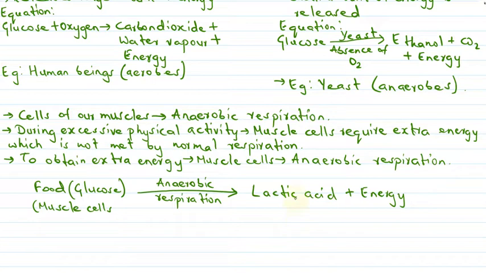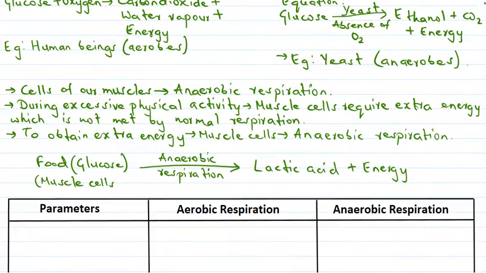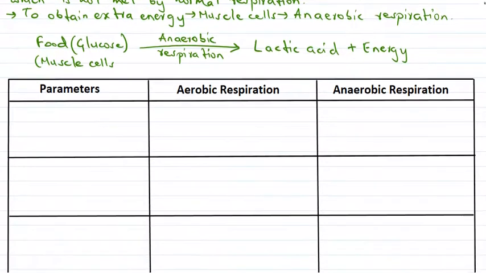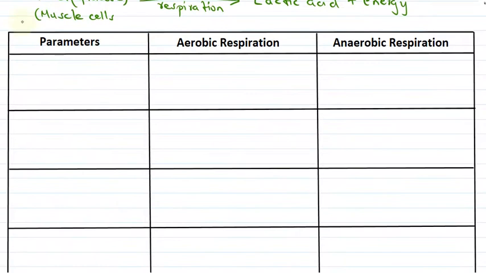Okay, so now we will see what are the exact differences between aerobic and anaerobic respiration. So let's consider few parameters and then see what is the difference in aerobic and anaerobic respiration. So first parameter here we would consider is oxygen.